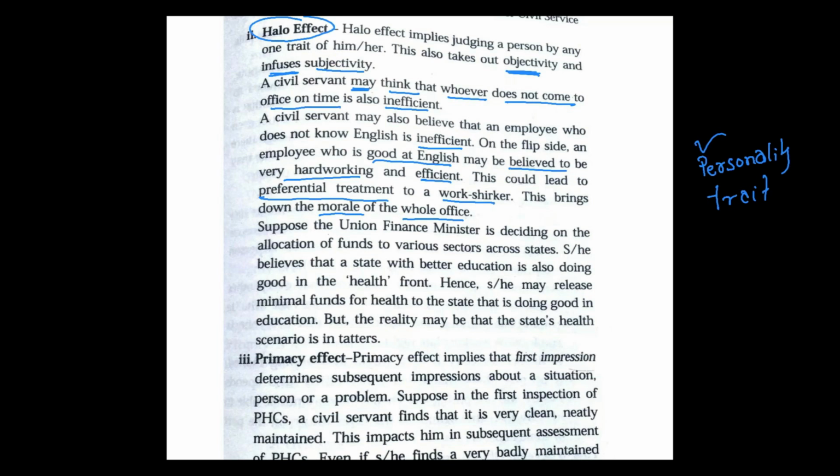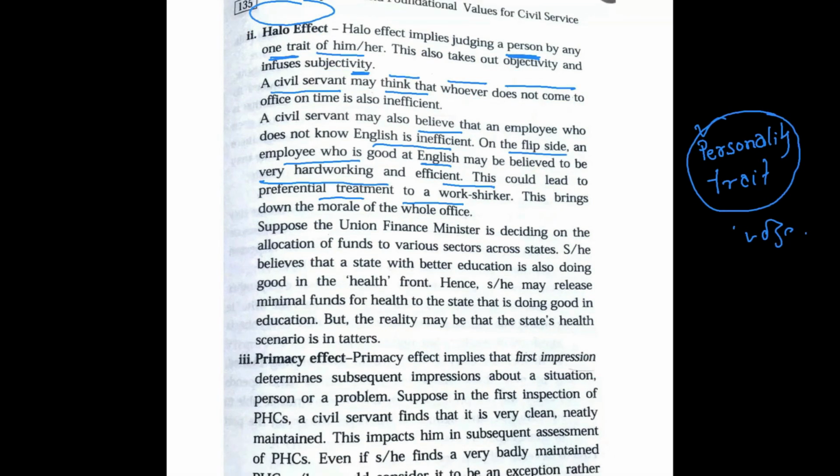So it is a wrong thing. So you are using a personality trait to judge. Okay. So this should not be done. So you should always judge from an objective point of view.